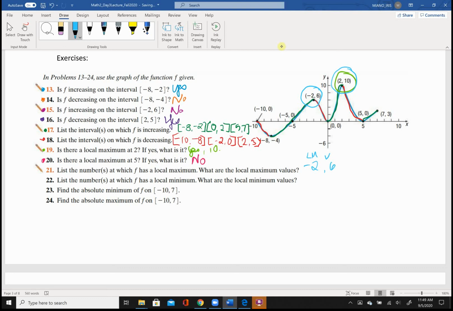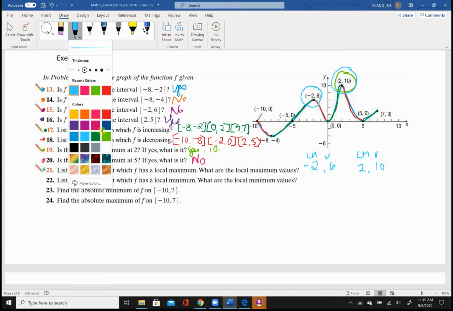And then another local max is happening at 2, and the value is 10. So I'll use LM as a shorthand for local maximum, and the local maximum value, V, is going to be happening there as well. Okay, so cool. Great. Moving on, so that was in this light blue color.